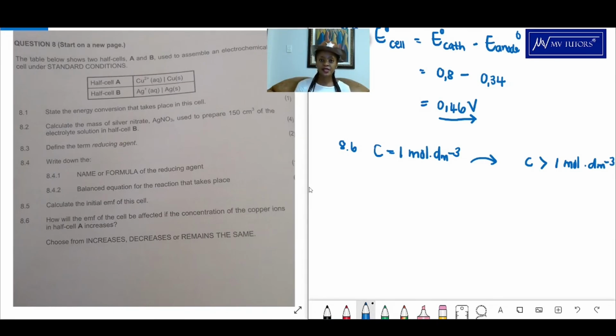So to answer this, you're going to have to look at your balanced equation. And I've said this when we did the memo for the prelims: there's a rule of thumb. Just really be aware of that.